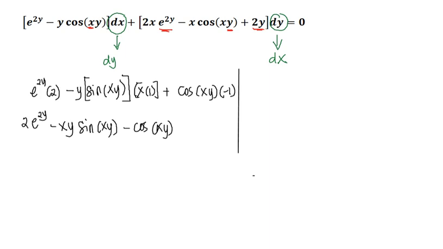So, let us proceed. E to the 2y is constant. 2 is also constant. So that means kapihon ko lang ang 2e raised to 2y. Derivative of x is 1, minus. So we have duwa ka equation.